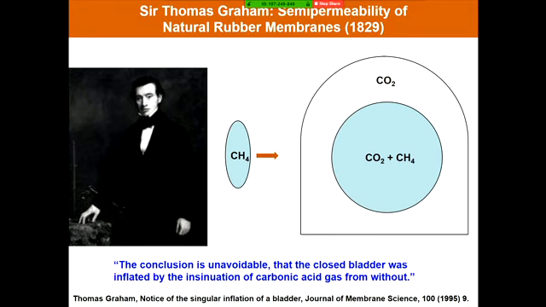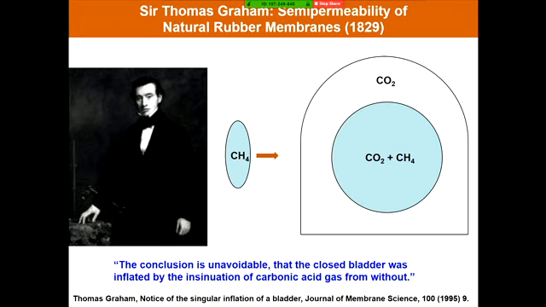In all polymers today, like this one, CO2 is much more permeable than methane, and that is the basis for the inflation of this balloon. The CO2 can come in, but the methane can't get out.